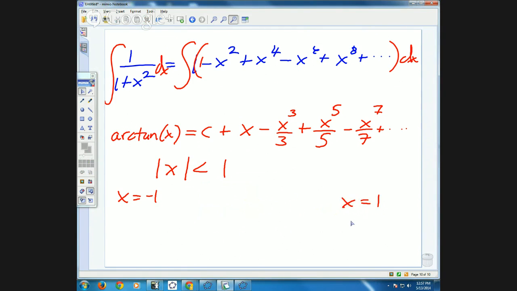What do you think, Mr. Intuition? Convergence and divergence when I plug in -1 or 1? Does the series converge if x equals -1? Does the series converge if x equals 1? Do I have convergence at endpoints?